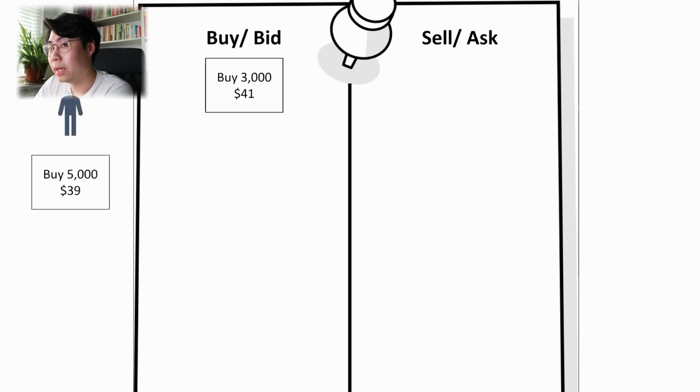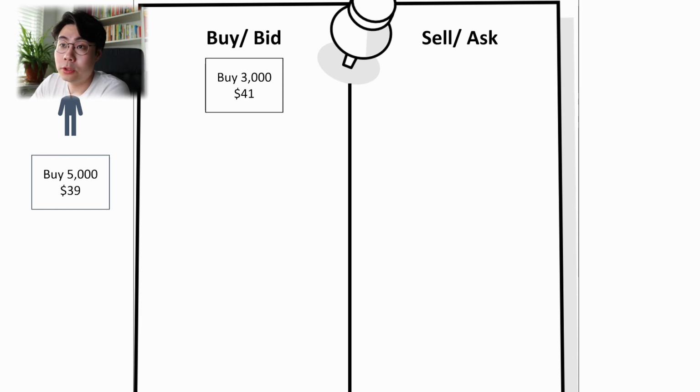However, now let's say the second person comes in and also wants to buy 5,000 shares for $39. This also goes to the buy column, but the question is, which one gets a higher priority? Does person 2 get a higher priority, or is it still person 1's order?